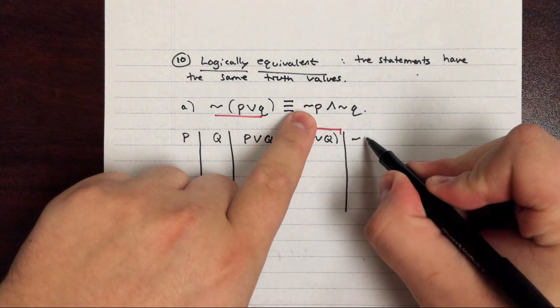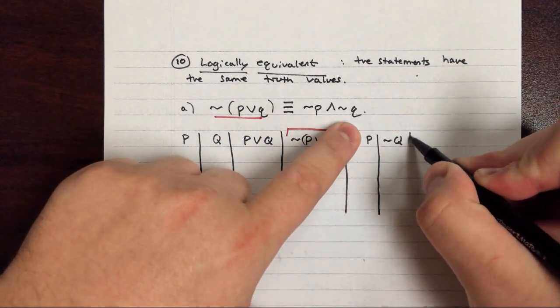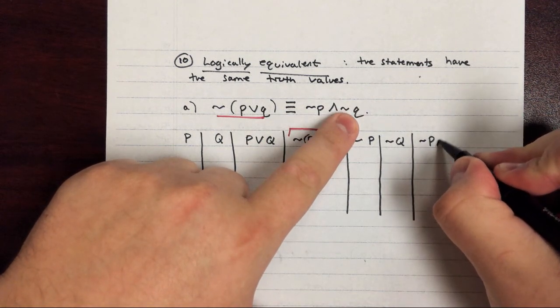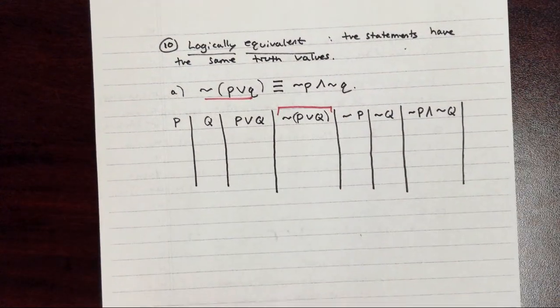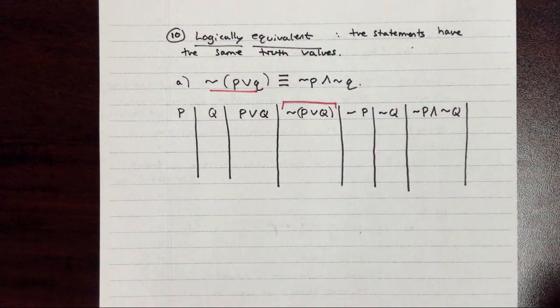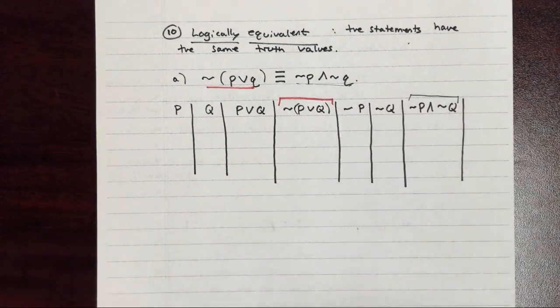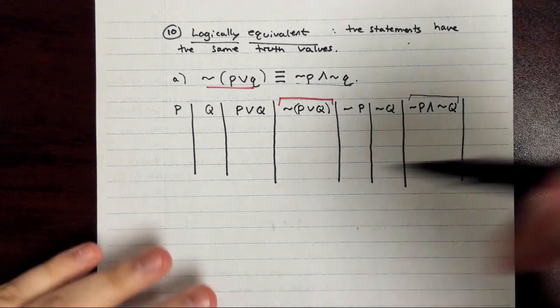We have a not P, a not Q, and a not P and not Q. Our goal is to show that the red column and the green column end up with the same trues and falses in them. That means it's logically equivalent, no matter what, it's the same truth values.